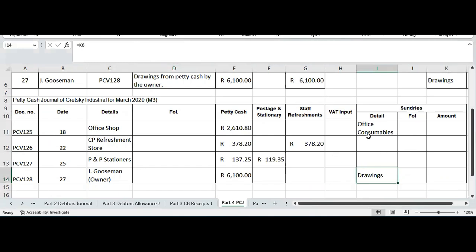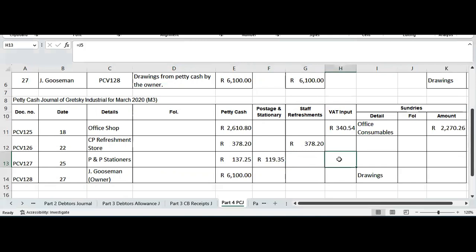And then, of course, when we look at it, we say that office consumables will have a VAT input. And so the amount there is what left petty cash minus the VAT. In the case of refreshments, there's nothing to add because VAT is not allowed. In the case of our stationery, we've already put there under postage and stationery what the amount is.